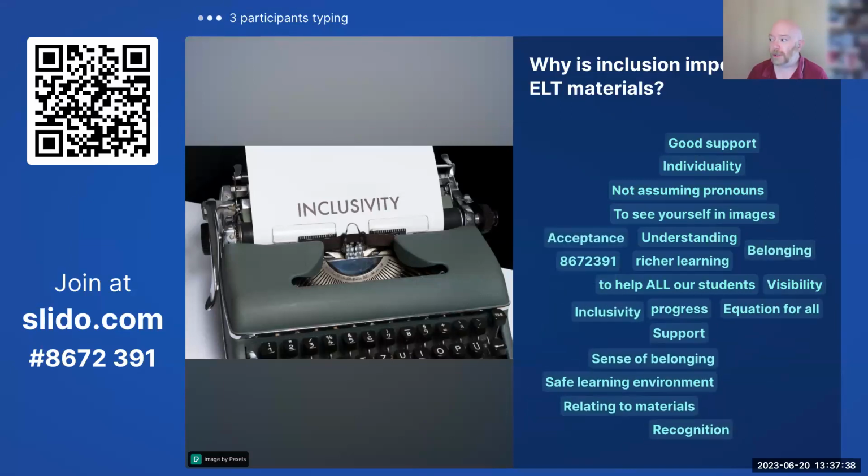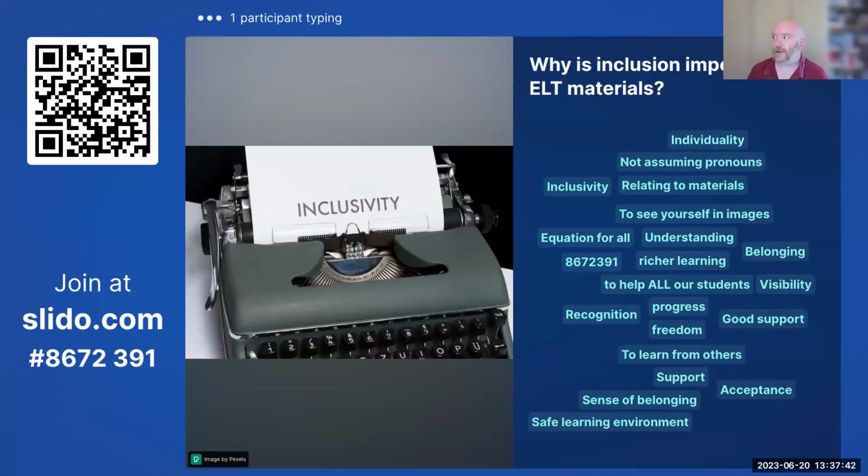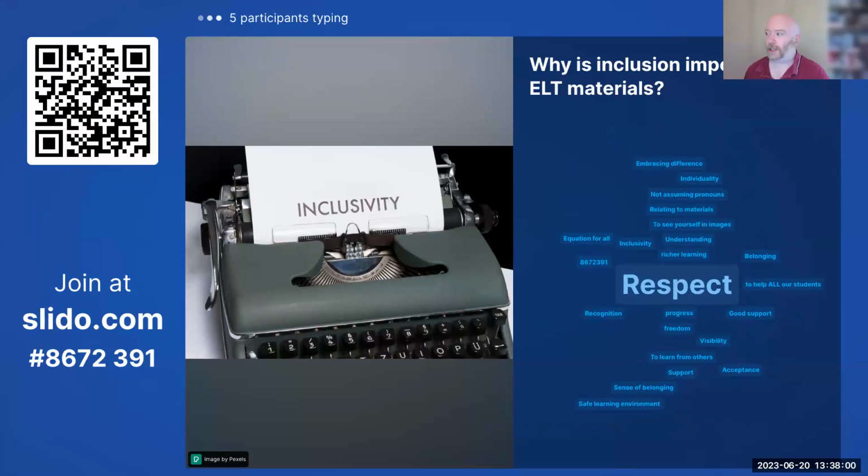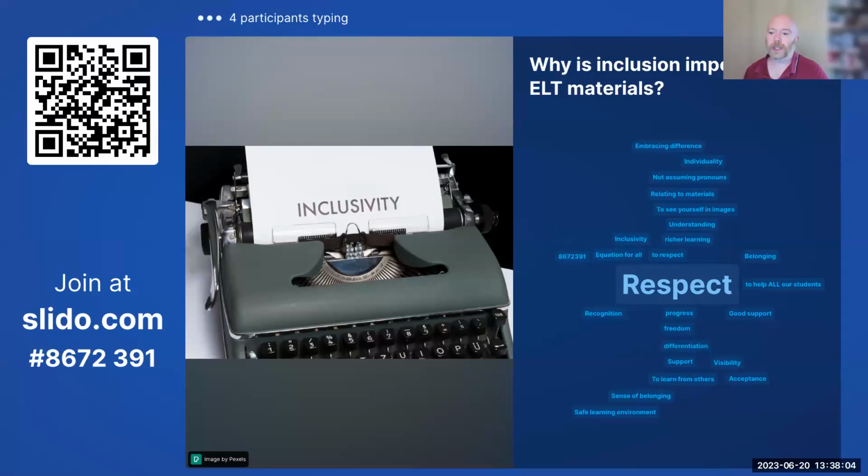Good support, not assuming pronouns. These are incredible. I don't think I've ever had so many people typing at the same time. So thank you very much. To learn from others, which I think is a really important thing to remember, especially when we're talking about inclusion. To introduce learners, thank you, Yelena, to introduce learners to diversity and shaping a sense of equality.